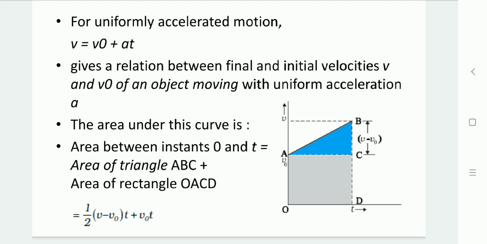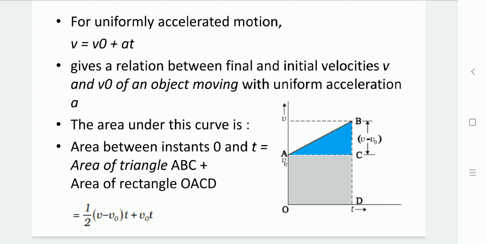From that v0, positive acceleration is available as the velocity of the object is increasing. Let us take the final velocity v on the y-axis, which is denoted on the graph as AB. Here the rising of the velocity defines the positive acceleration.